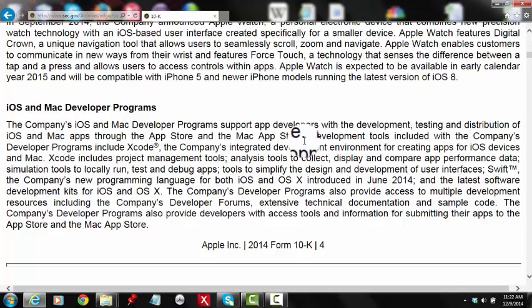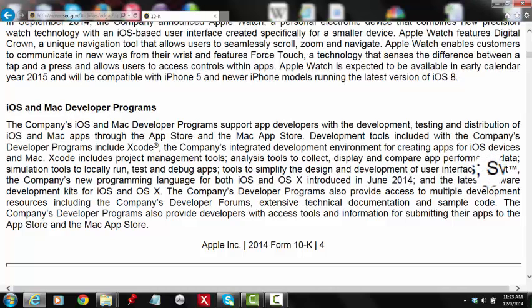They also create the test environment so that developers can test their products. They talk about initiatives like tools to simplify the design and development of user interfaces, and Swift, the company's new programming language for both iOS and OS X, introduced in June 2014.